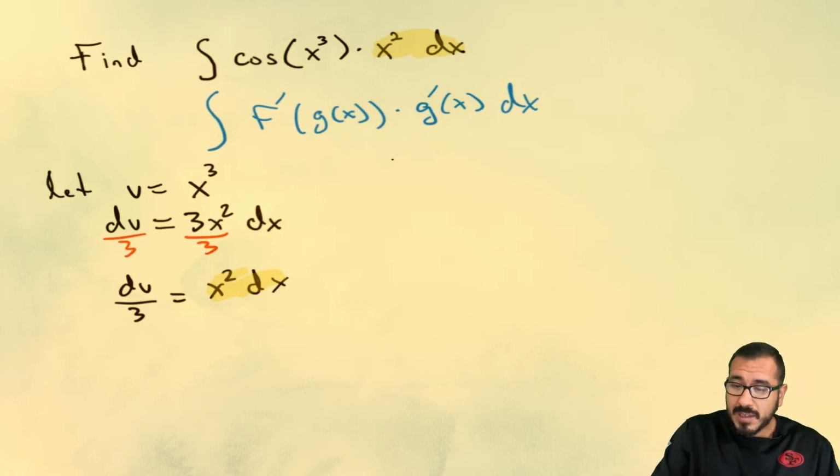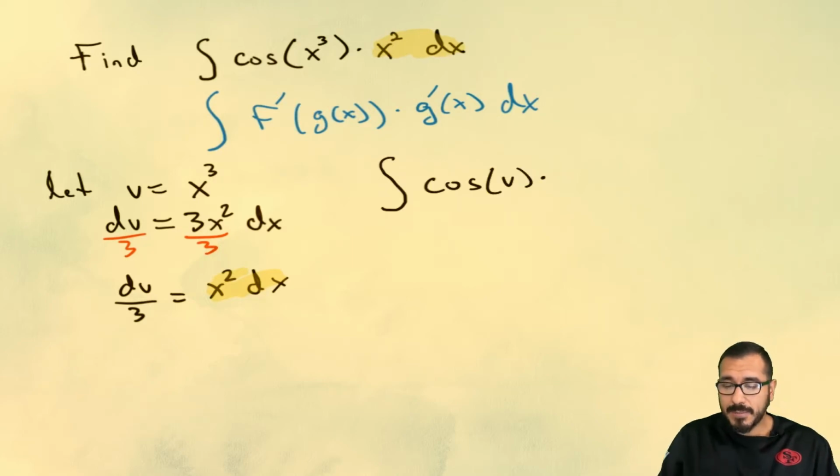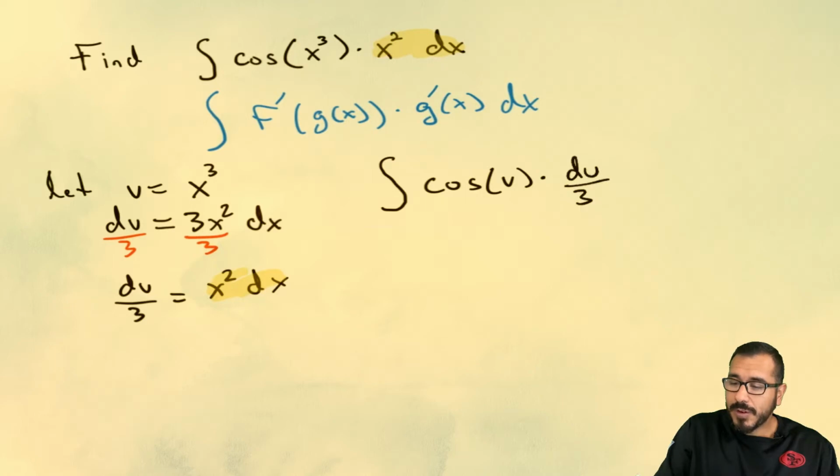Let's take the antiderivative and do our substitution. Now we have cosine of u, times, and remember we're making the substitution here, we're no longer writing x squared dx, now we're writing du over 3. So times du over 3.